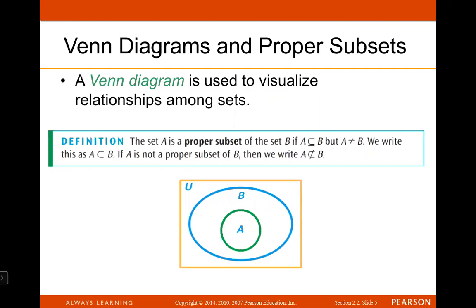If A is not a proper subset of B, then we write, crossing out that symbol, that A is not a proper subset of B.